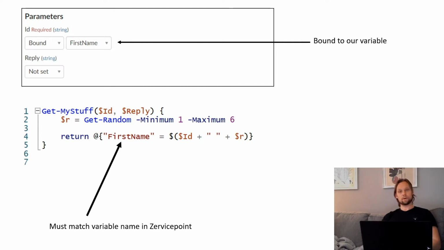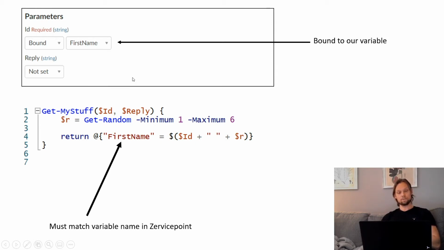And when you work with PowerShell activities, you might have a function like I have here called getMyStuff with an ID parameter and a reply parameter. And in this case, we have the ID parameter bound to our first name variable.